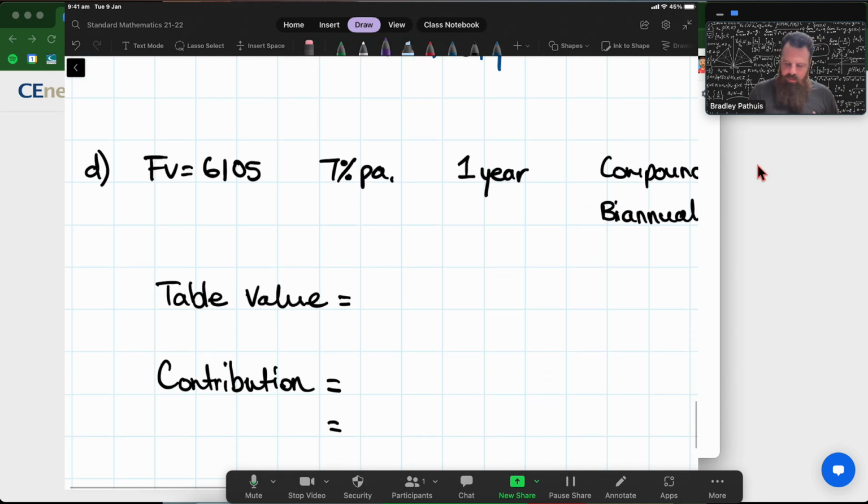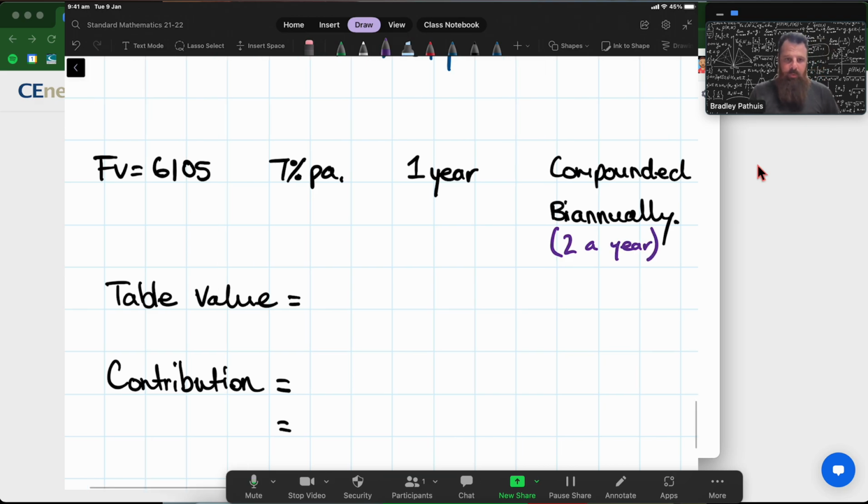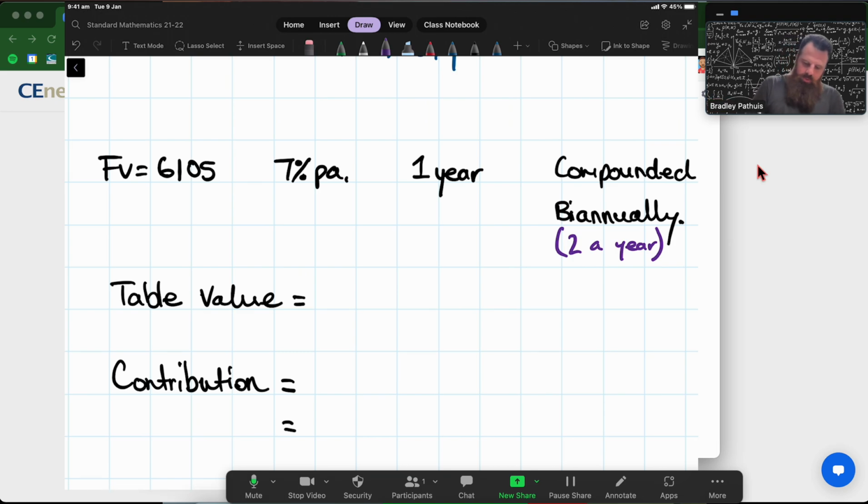Biannually just means twice a year, 2 times in a year. So our 1 year is 2 times. Our percentage, we're going to need to divide by 2, so it's 3.5% per half of a year.